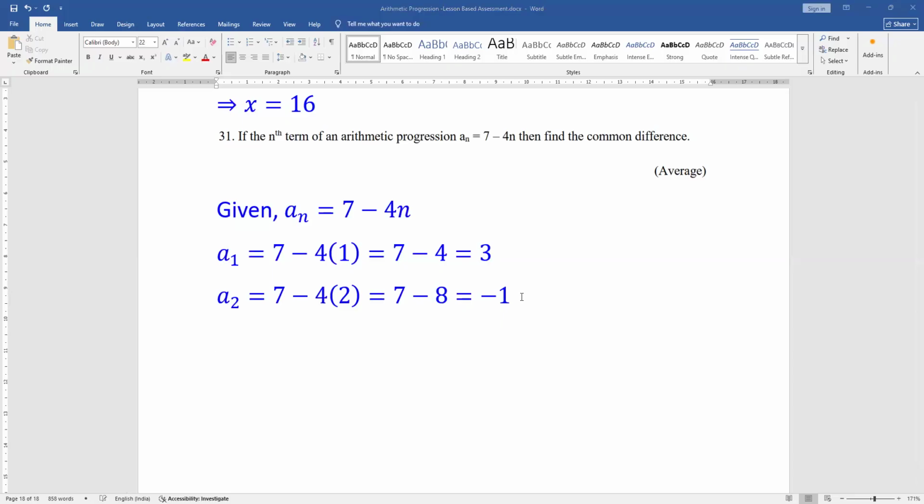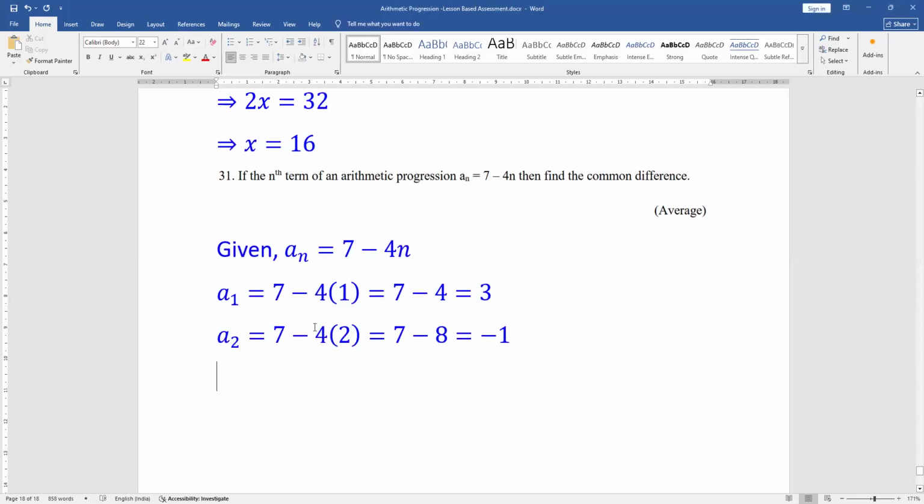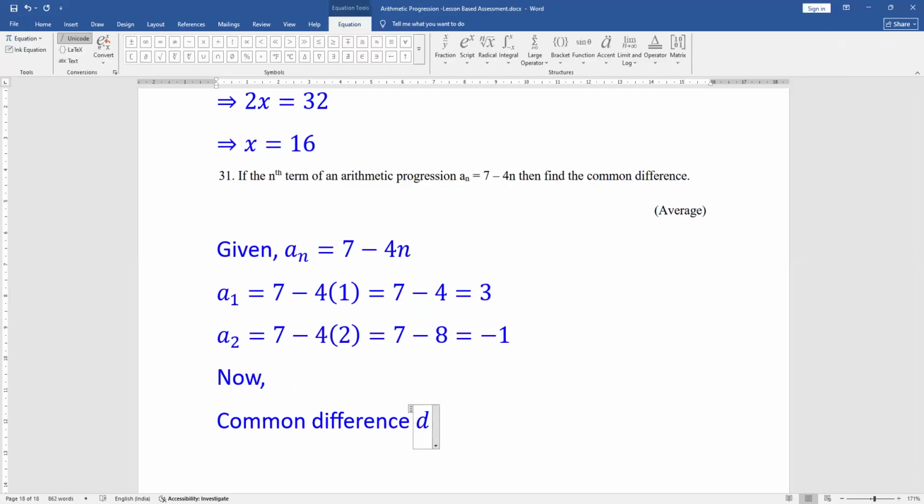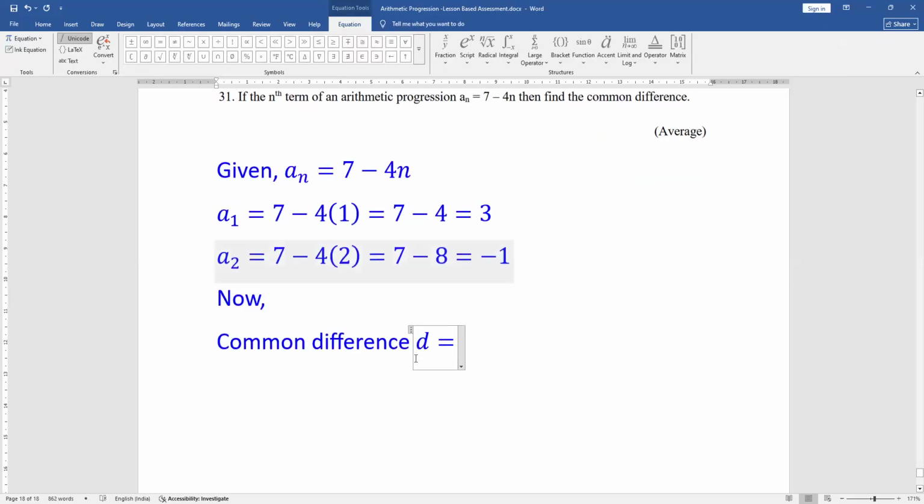Now I go for the common difference. Correct? So common difference d equals A2 minus A1.